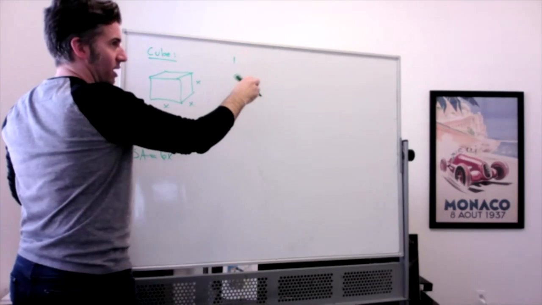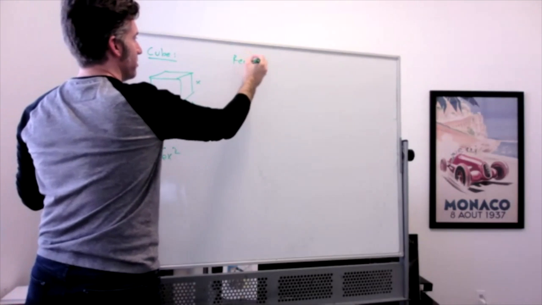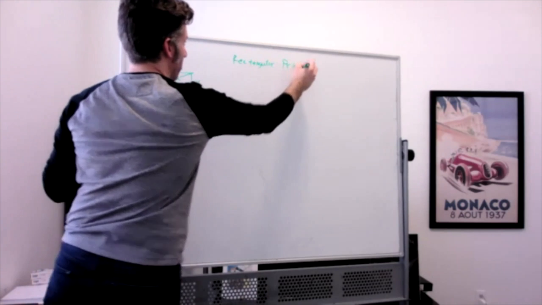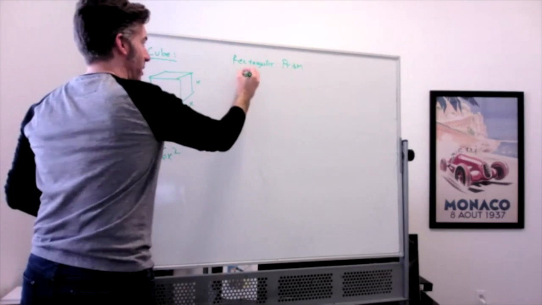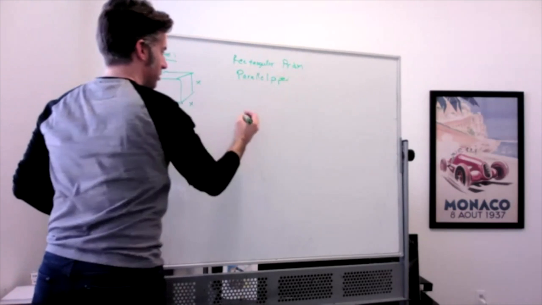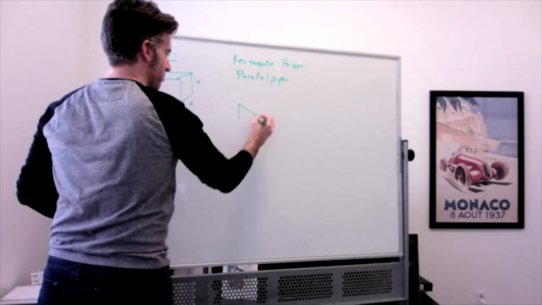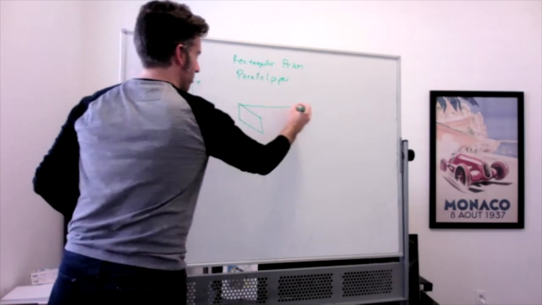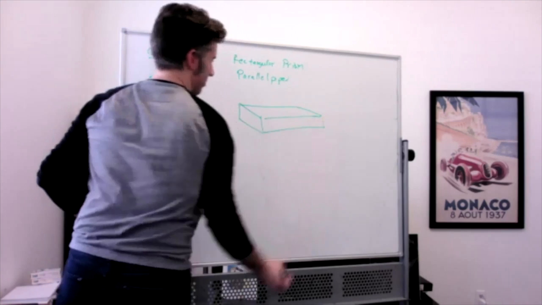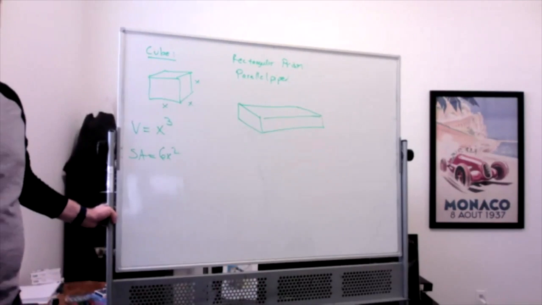Next, a rectangular prism, or more fancily called a parallelepiped. Something looking like this. My picture is not the best.